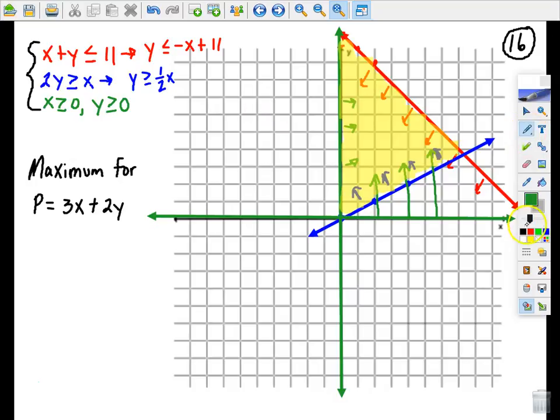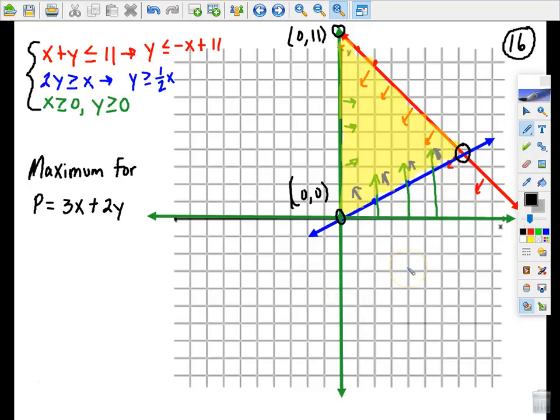Okay, so let's see what the vertices are. Right up here at the top, this was the point 0, 11. That's a vertex where two lines meet. Down here, we have the origin as a vertex, 0, 0. And then this is the interesting one, because just by looking at the graph, I really can't tell.